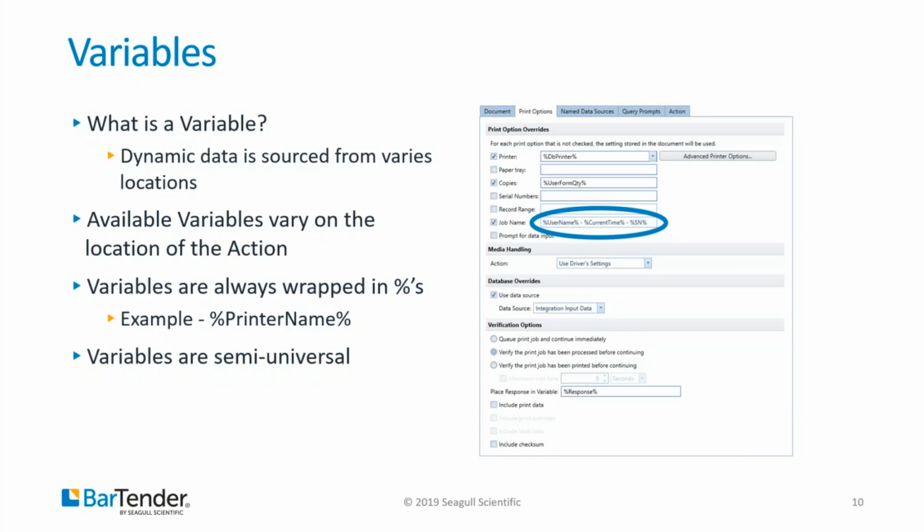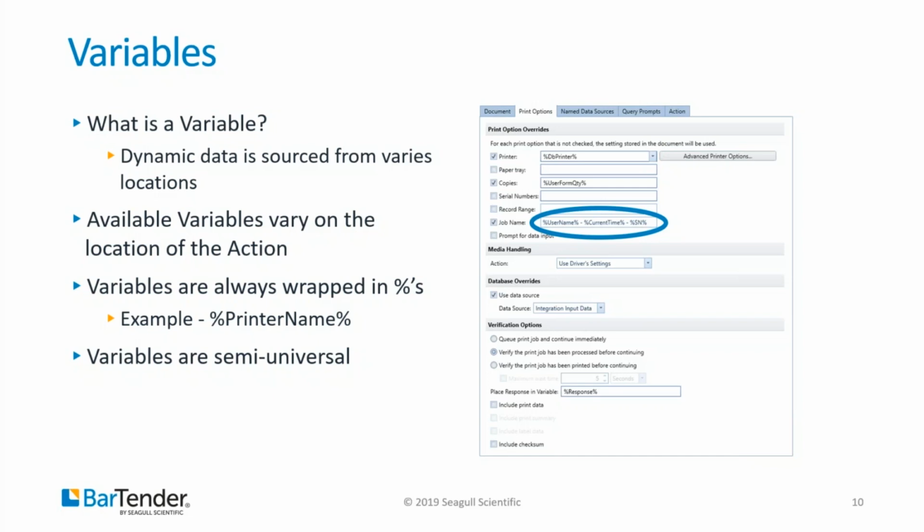So we could have a field in our database that's called database printer or printer, whatever we want to call it, let's just say DB printer, and that field can then be plugged into the printer dialog or the printer field, and that printer is then going to be dynamic. So based on the data that we have coming in from our database for that field, we'll print to whatever printer you have selected, as long as it's valid.